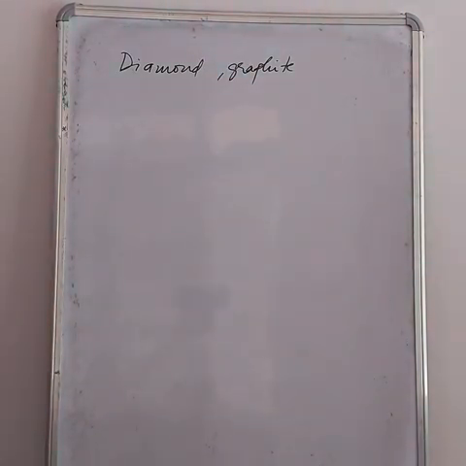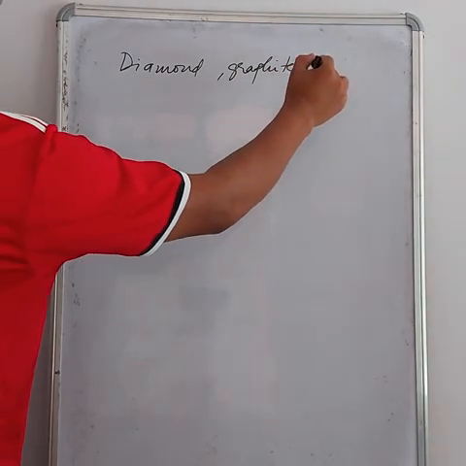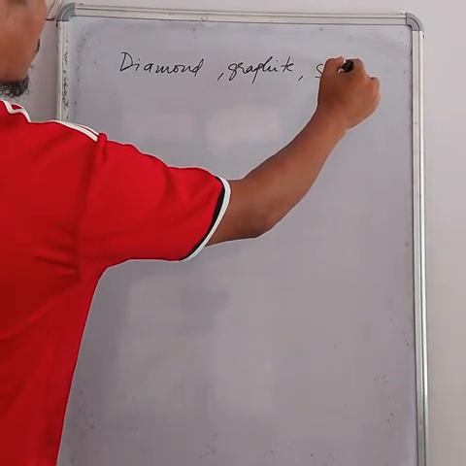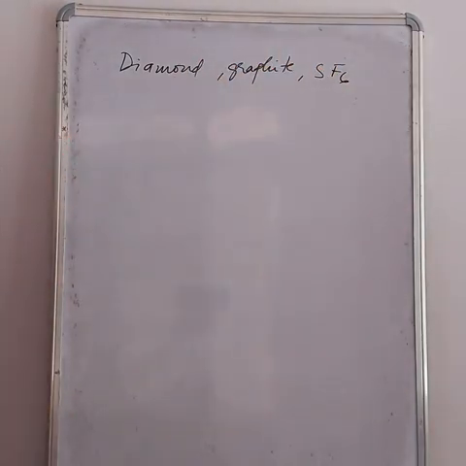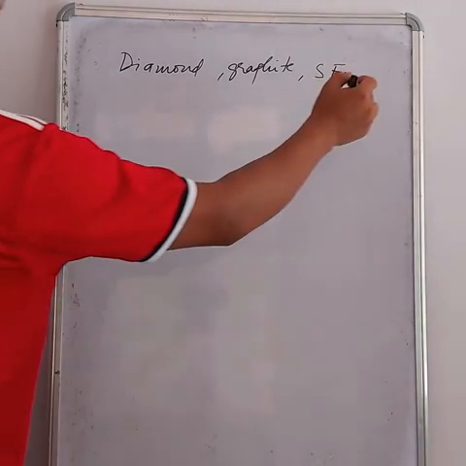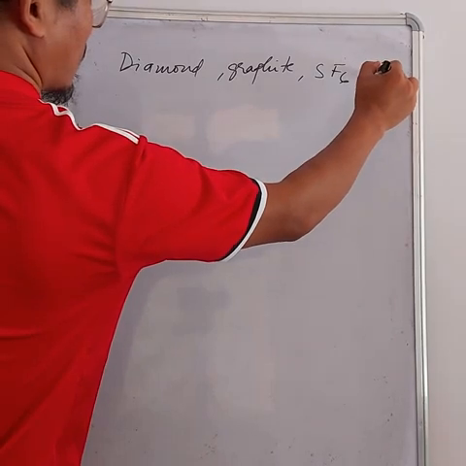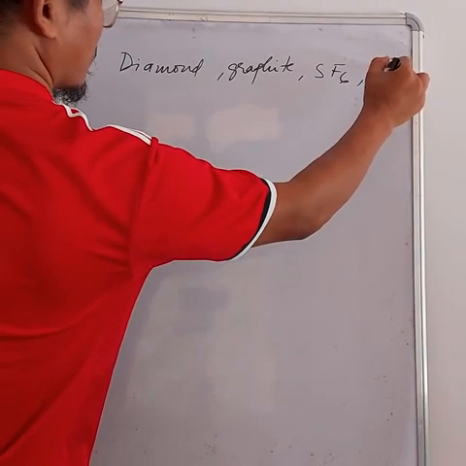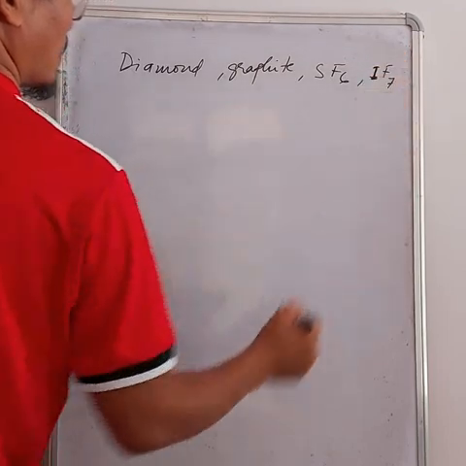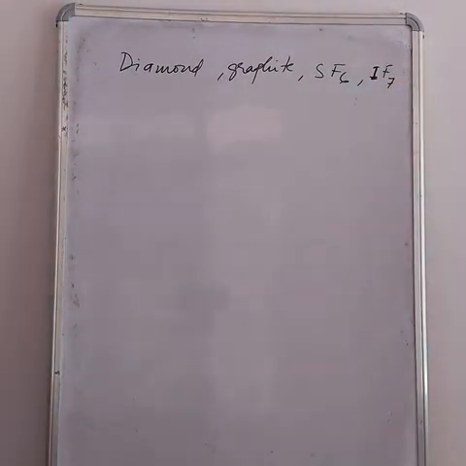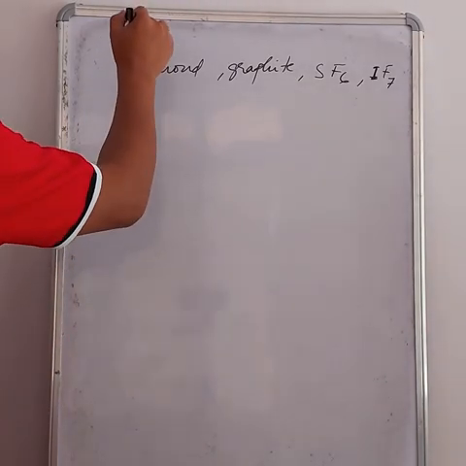Similarly, sulfur hexafluoride, you need to predict the geometry as well as the hybridization state of sulfur, and then IF7, iodine heptafluoride. So this is your assignment.